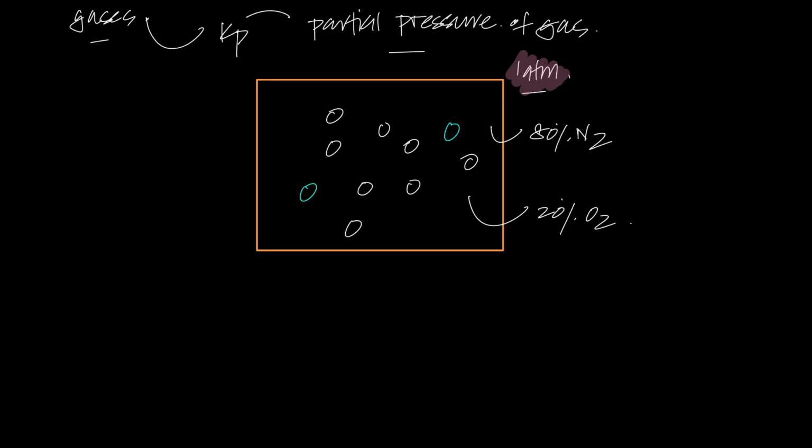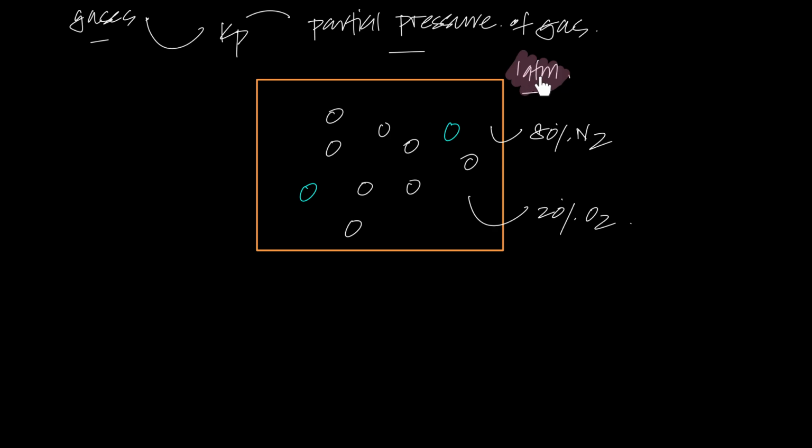And this is actually Dalton's law of partial pressure, which I've already taught you guys, and it's going to be used here now. It says that if you have 80% nitrogen and 20% oxygen, nitrogen will exert a pressure and oxygen will exert a pressure.